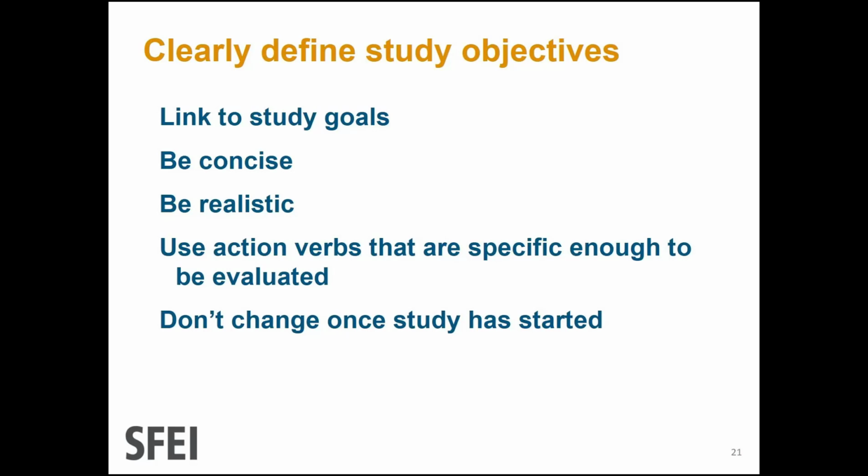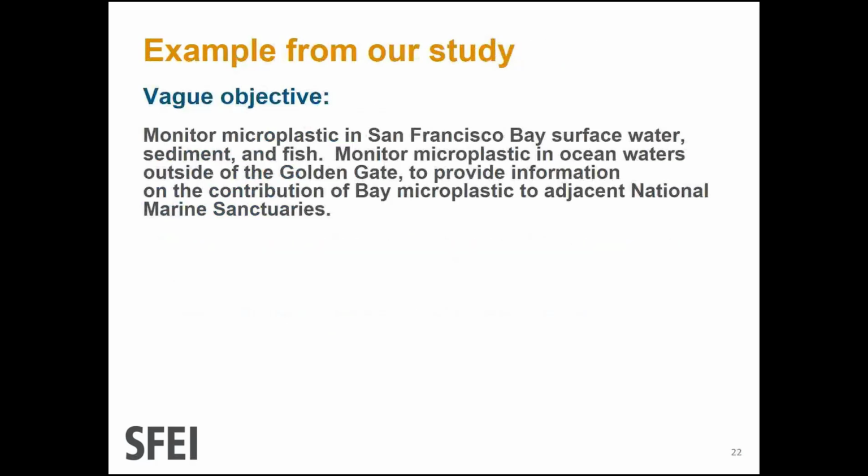This is not just in the abstract, but in the specific language that you're using. So you want to link to your overall goals, but you want to be concise, realistic, and using action verbs that are specific enough to actually be achievable. And then it's important to not change these objectives once your study has started.